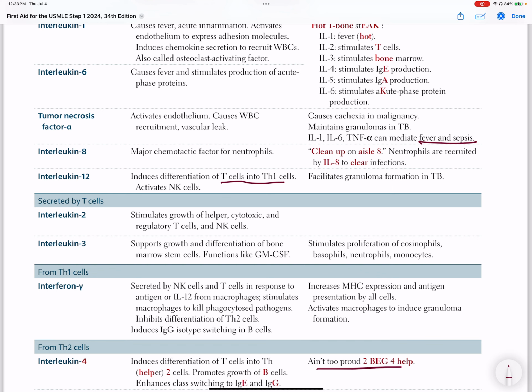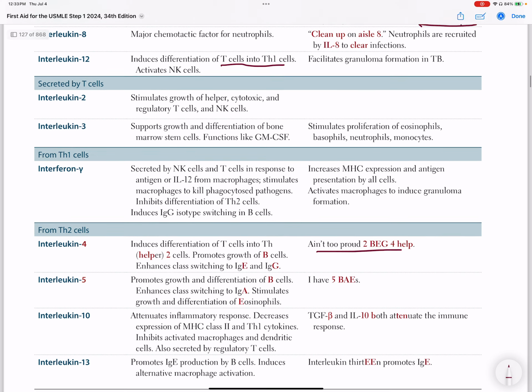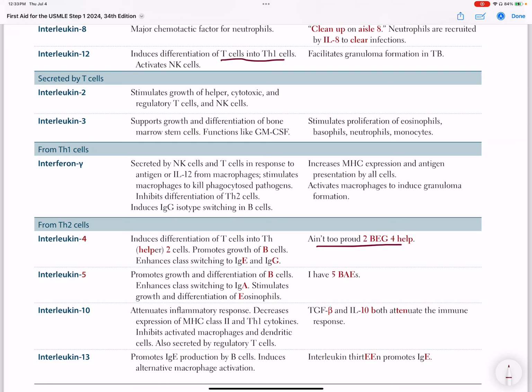Secreted by T cells: interleukin 2 stimulates growth of helper, cytotoxic, and regulatory T cells and NK cells. IL-3 supports growth and differentiation of bone marrow stem cells, functions like GM-CSF, and stimulates proliferation of eosinophils, basophils, neutrophils, and monocytes.